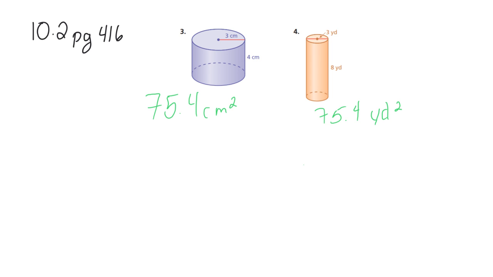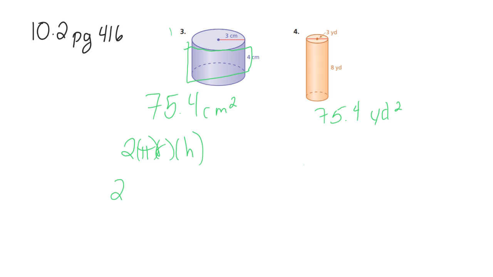All right, so for these two, you actually would have come out with the same number, different unit though. One's in centimeters squared, one's in yards squared. So again, remember, we're only looking for the lateral surface. So we're only looking for this middle part here. So base times height would be circumference times the height. So 2 pi r times the height.